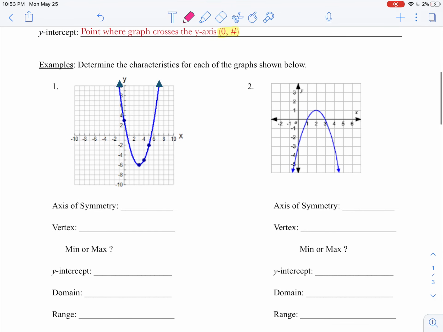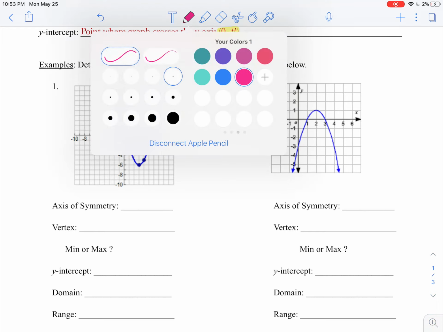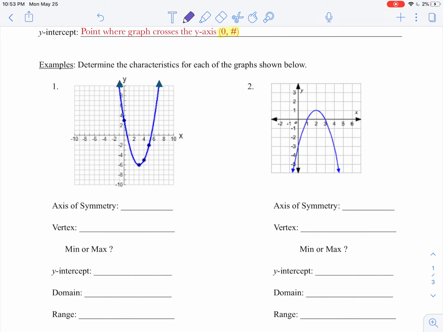So take a look at the first two examples down at the bottom here. These two examples have the parabolas already graphed for us. Our job is to look at some of these different characteristics. So when you take a look at question number 1, first we need to identify the axis of symmetry.